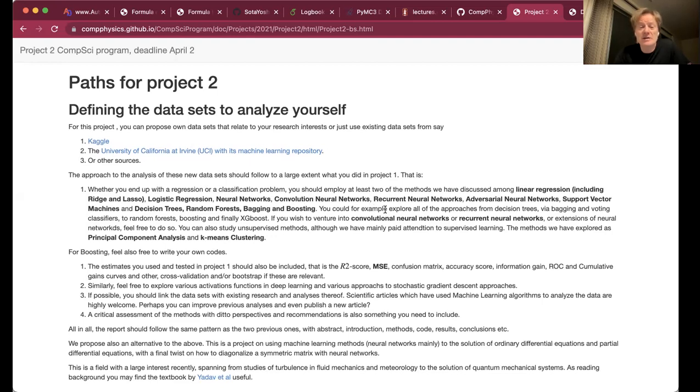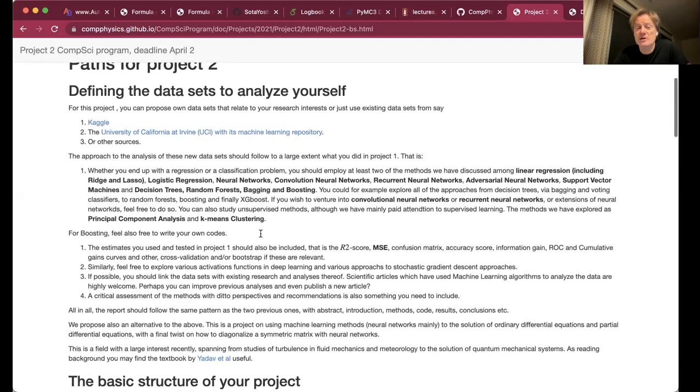We have been discussing linear regression, logistic regression, neural networks, support vector machines. We've been looking at decision trees and other methods. And if you wish to combine these methods, you should at least have 2 of them included in the analysis of data.